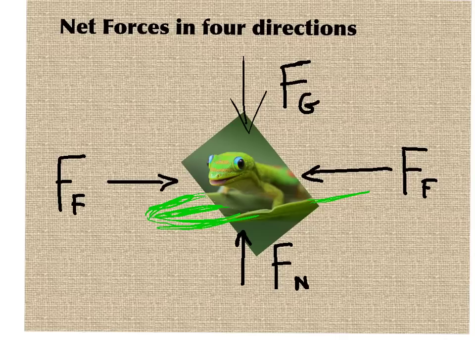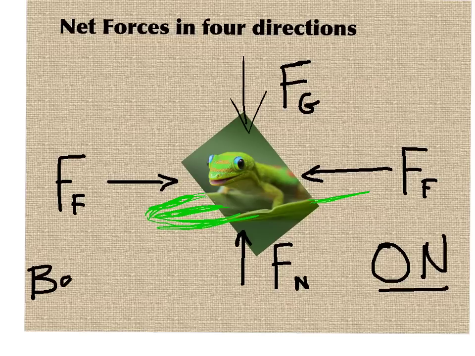If they're balanced, if F sub G equals F sub N, and if F sub F equals the other F sub F, if all these forces are equal, the net force will be 0. And we'll call that 0 newtons. Okay, if they're balanced.